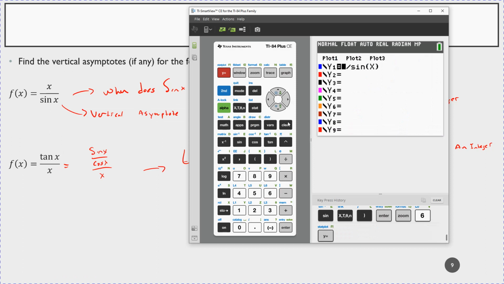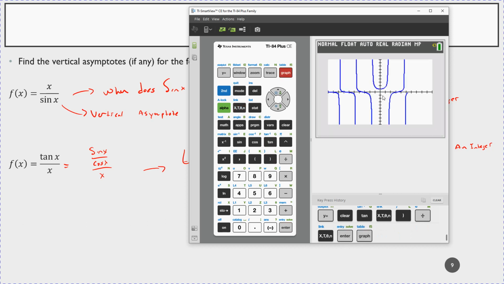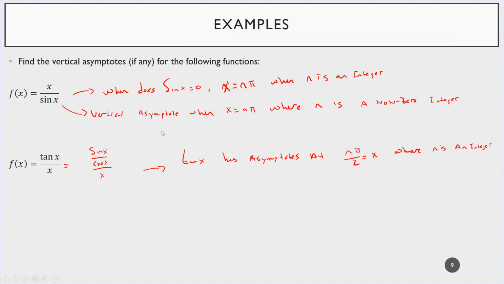So y is equal to, if you just clear it, tan of x divided by x. Look, you'll see at 0, boom, definitely not an asymptote right there, okay? So it's the same thing. So this function, f of x, or tan x over x, has vertical asymptotes when x is equal to n pi over 2, again, where n is a non-zero integer.